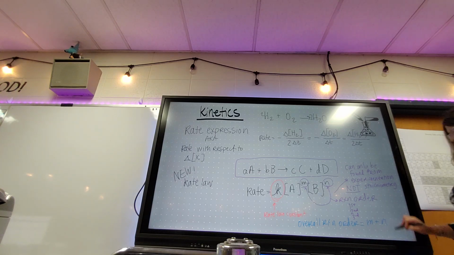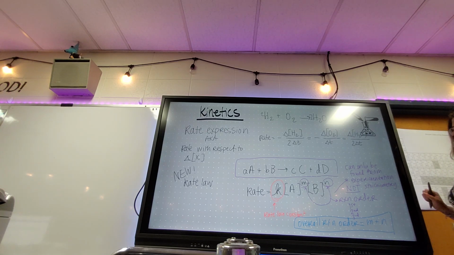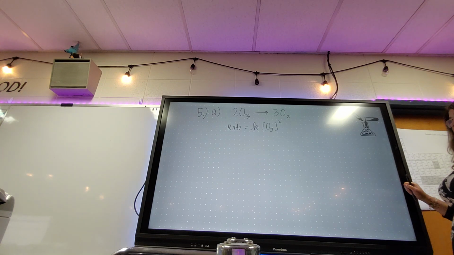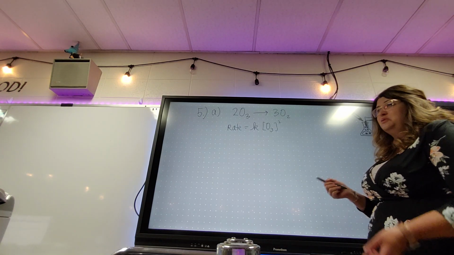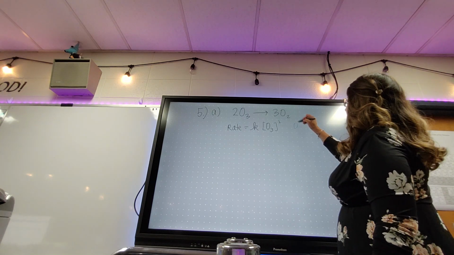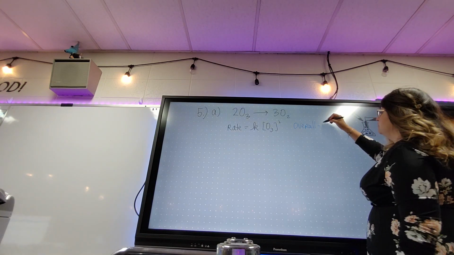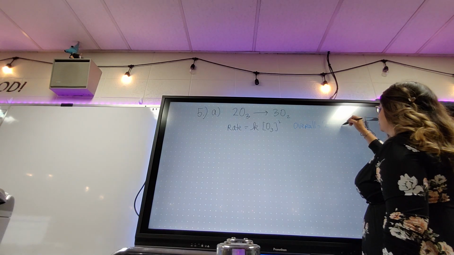That's it. So what is the overall reaction order for 5A? Well, there's only one exponent, so 2 plus nothing else is 2. So the way that we would write that, we would say it's overall second order.